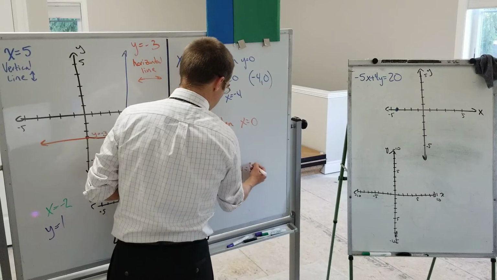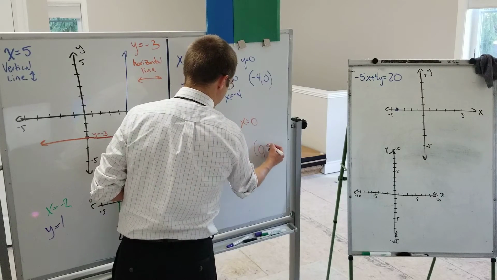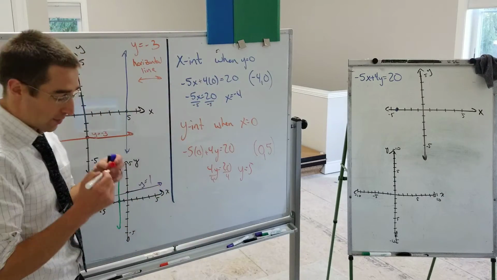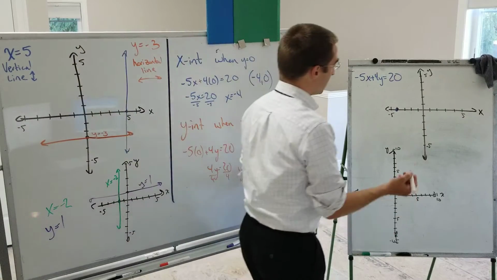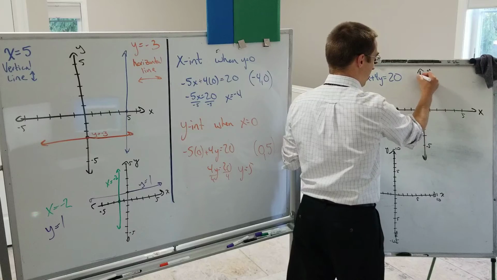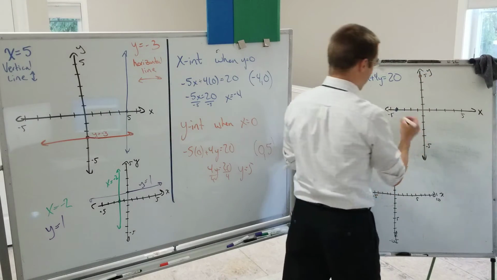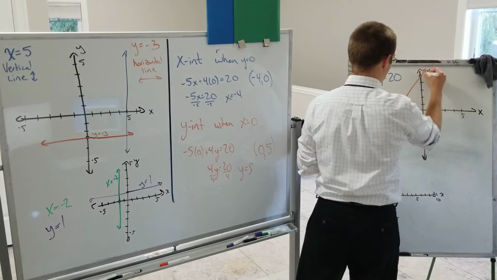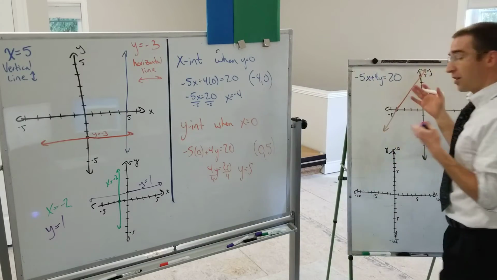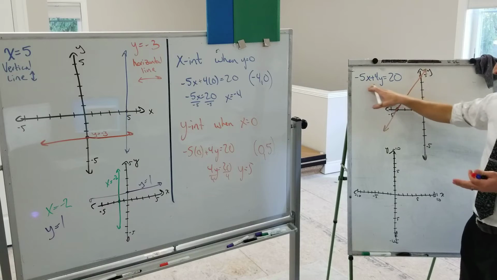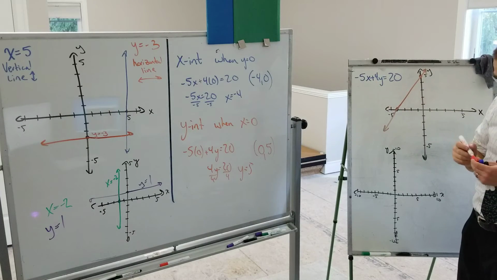And we get y equals 5. So I get the point 0, 5 as my y-intercept, because the x number is 0, the y number is 5. I put that point on the graph, and then I draw a line connecting those 2 points. There we go. That is a sketch of the graph of this equation.